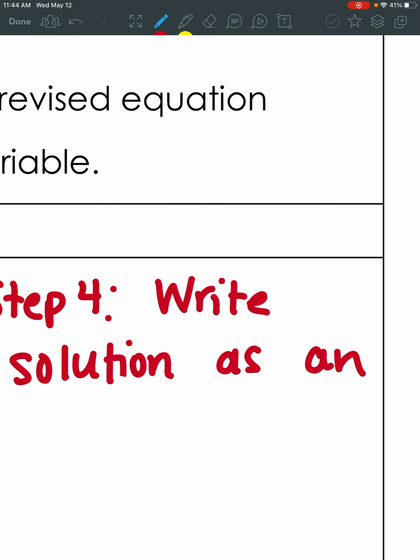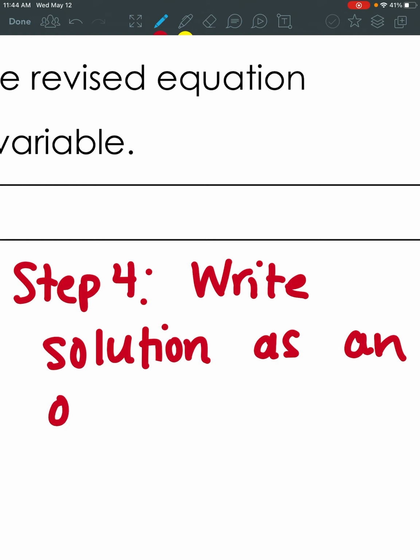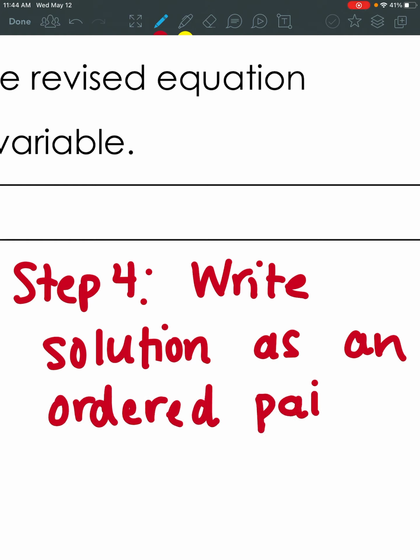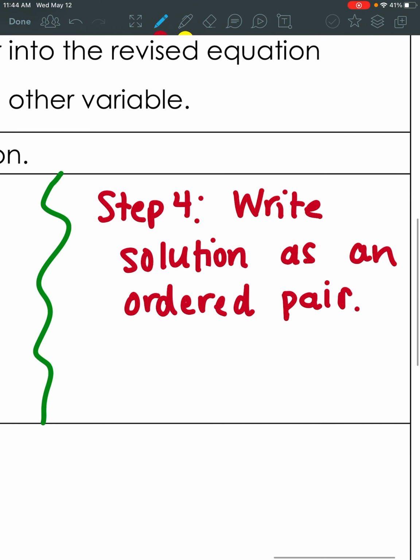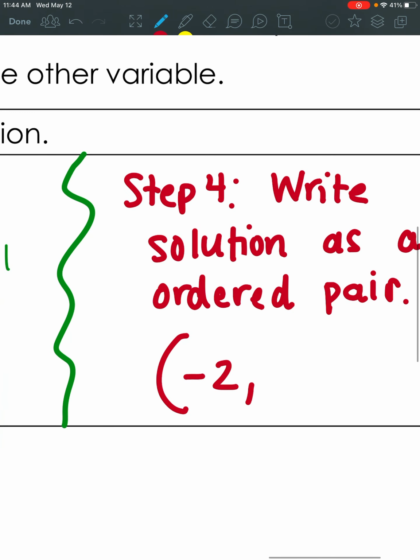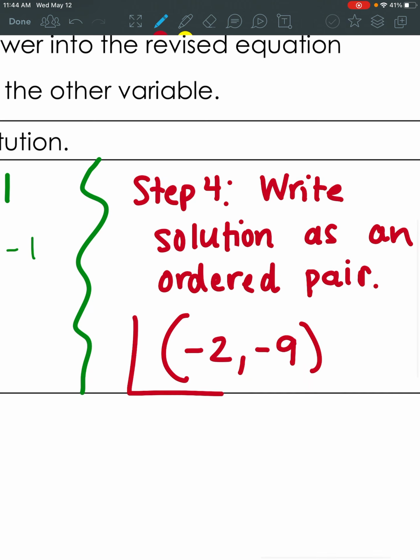So we know by now that with systems of equations, we're looking for an x and a y, and we write all of our solutions as an ordered pair. So x has to go first, so x was negative 2, and then y was negative 9. So negative 2 comma negative 9 is our solution.